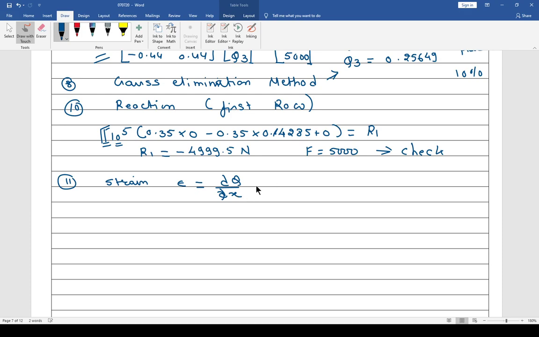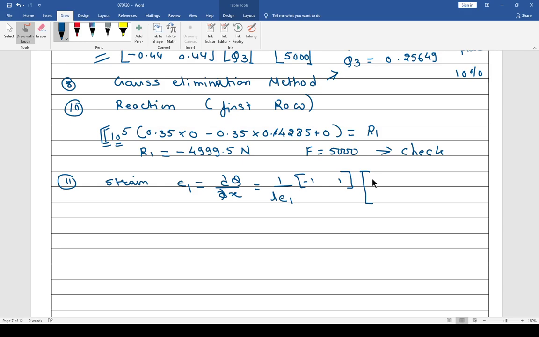Okay, so that will be 1 by LE into minus 1, 1. This is for my element 1, so I am trying to find for element 1. 1 by length of element 1.